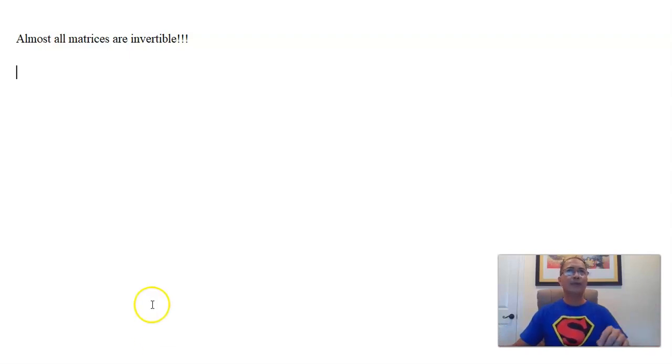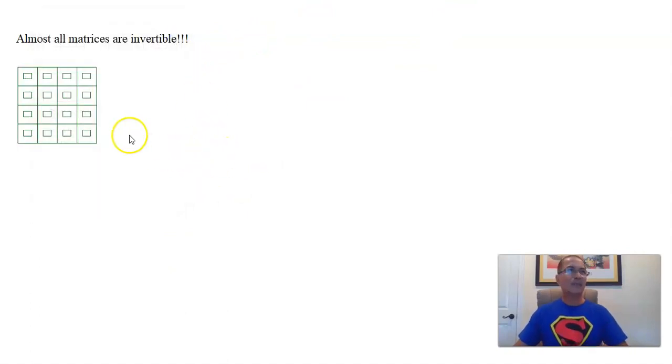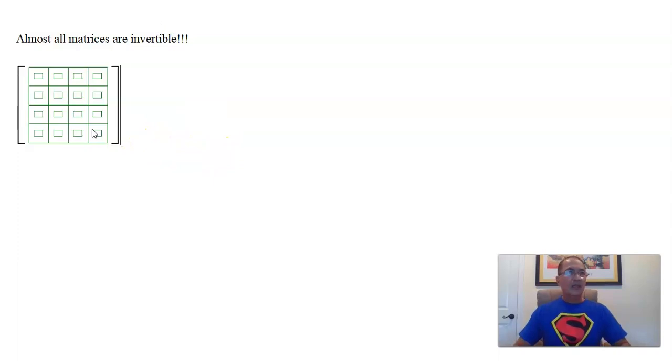So this tells us that if you randomly create a square matrix, how about a 4 by 4? Let's make it big. If you just randomly put in numbers into this matrix, you would have to be really, really unlucky, I guess, or lucky, to get a determinant of 0.